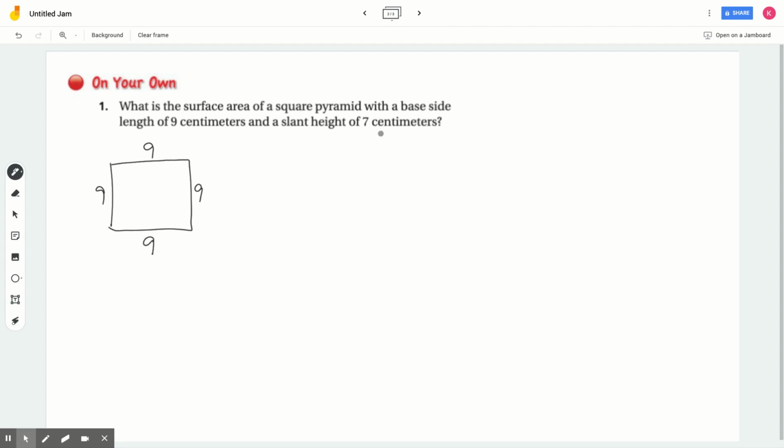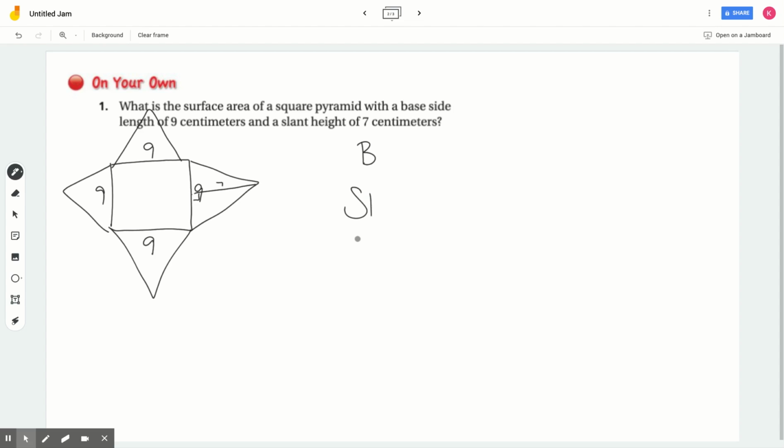And then it says the slant height is 7 centimeters. So the slant height goes from the base, meets the top of the triangular point, and meets the base at a right angle.